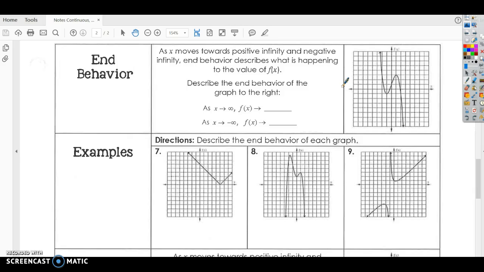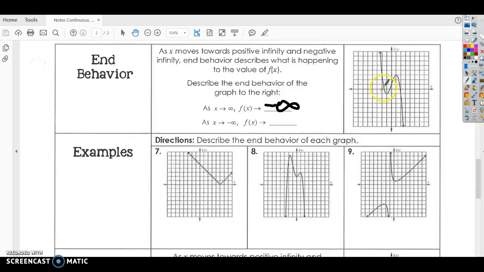To describe the end behavior, look at the graph given. As you take your pencil and the graph goes towards positive infinity, the graph goes down, so it falls. So the y values go negative at this point, so you can say f of x goes towards negative infinity.